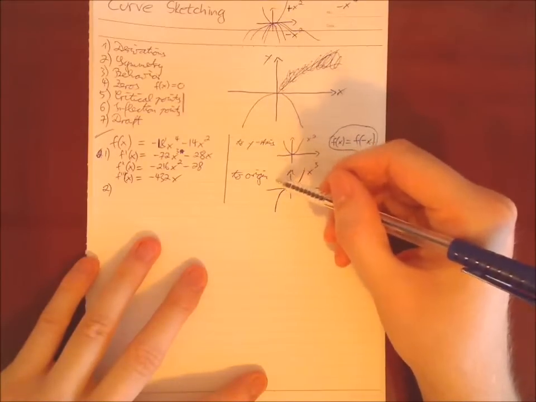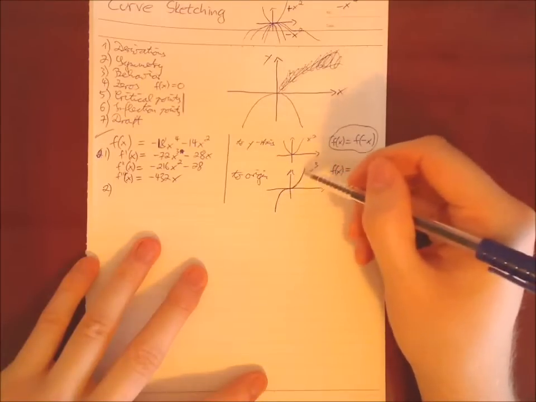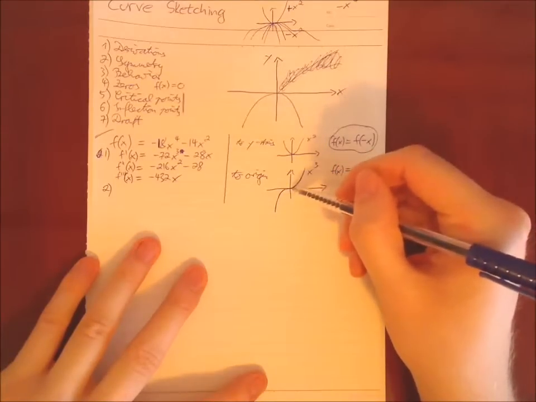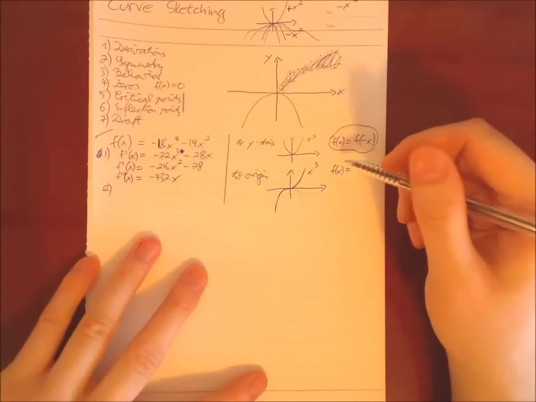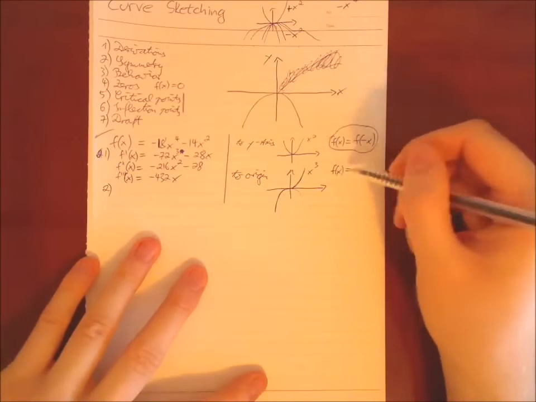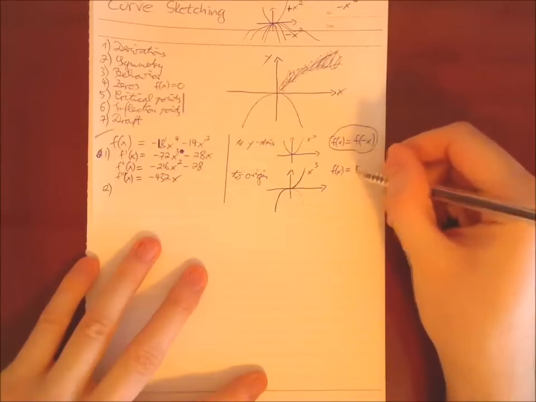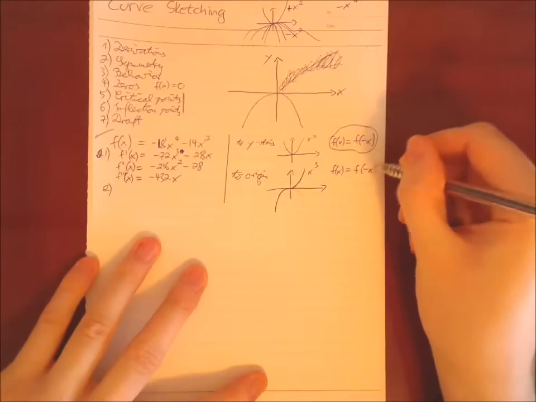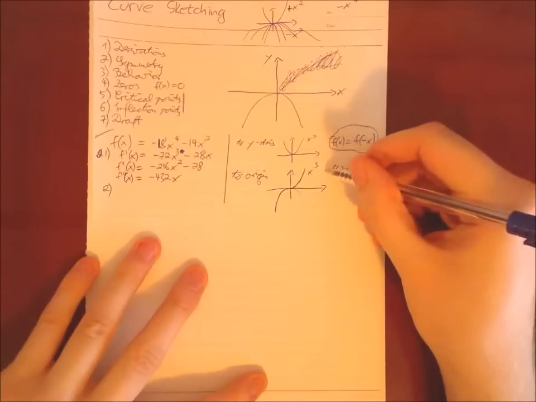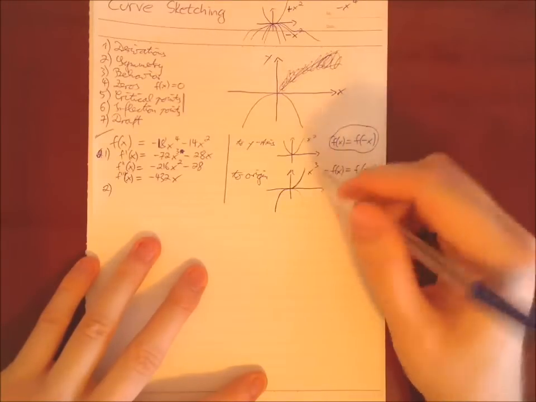So we would put it like this. Or we can also say we put the right branch upside down like this. So we can say the values of negative x are the same as the negative values of positive x.